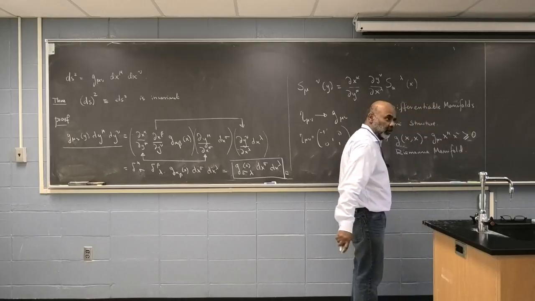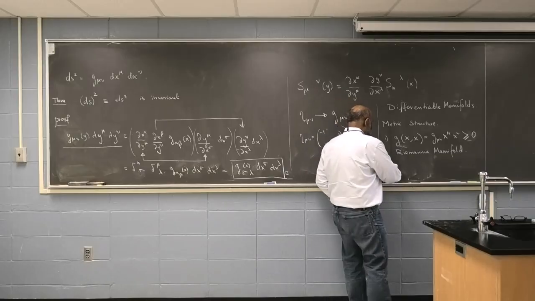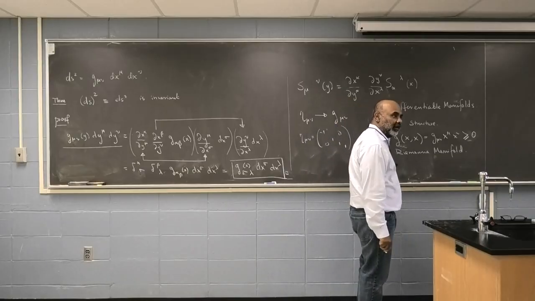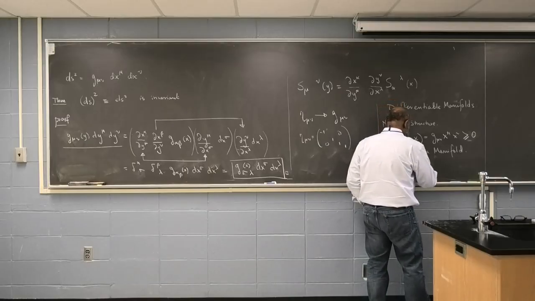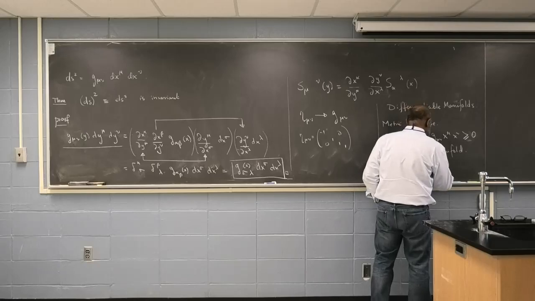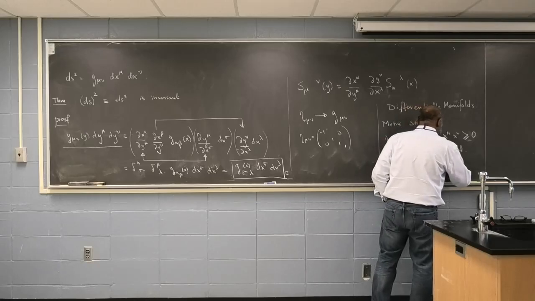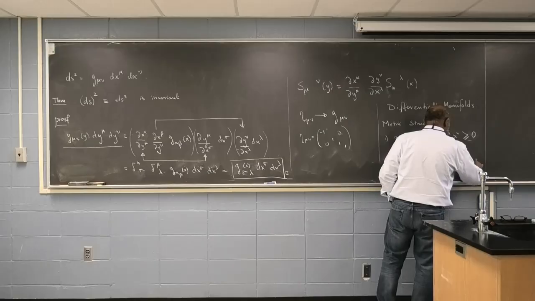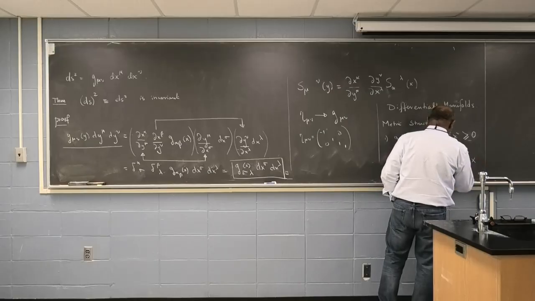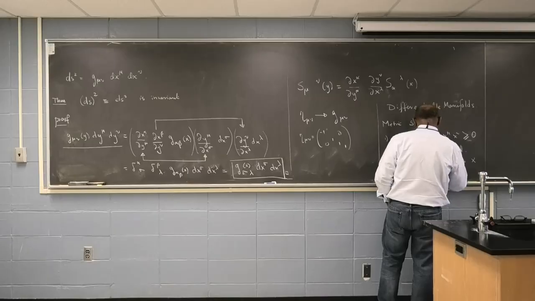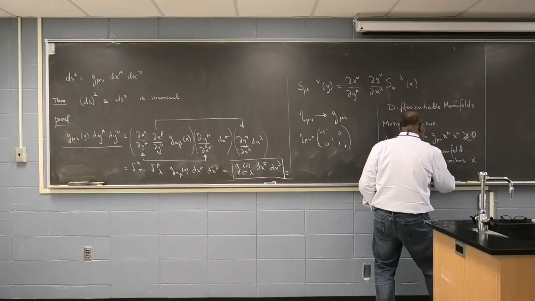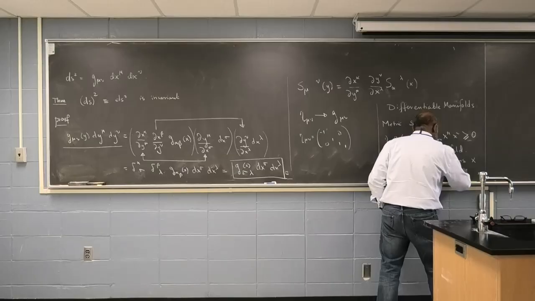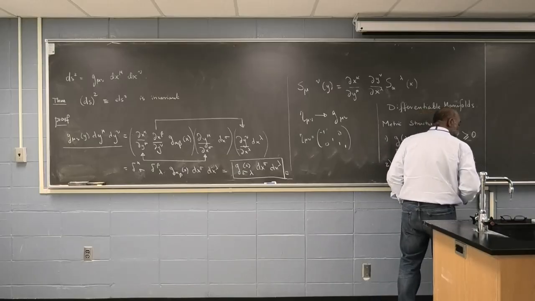This is like R3, and we talk about R3. Suppose you have vectors x such that G(x, x) is less than 0.